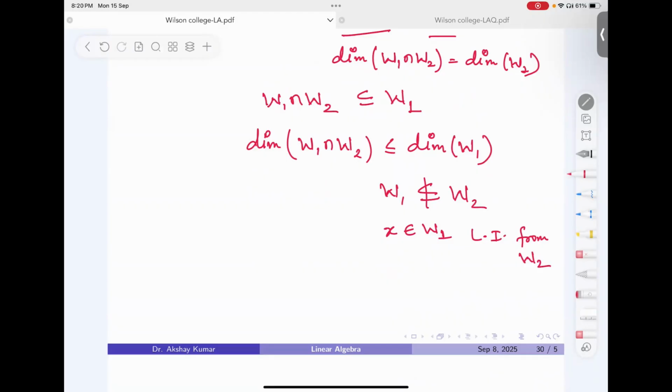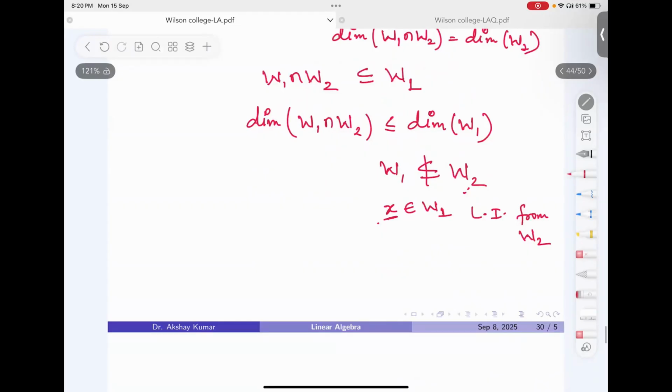If it were linearly dependent on W2, since W2 is a subspace, then x would have to be a member of W2, correct? Since we are taking x not a member of W2, we can take x belonging to W1 that is linearly independent from W2, correct?